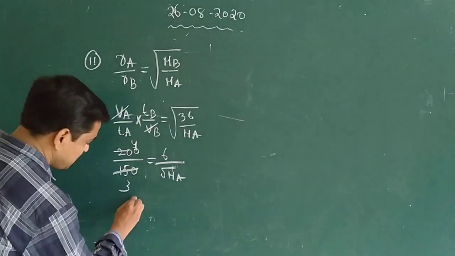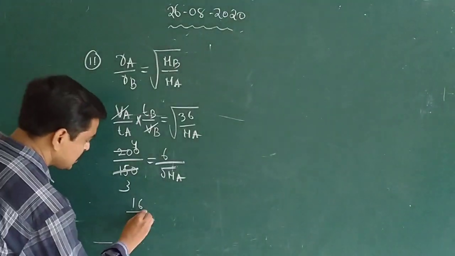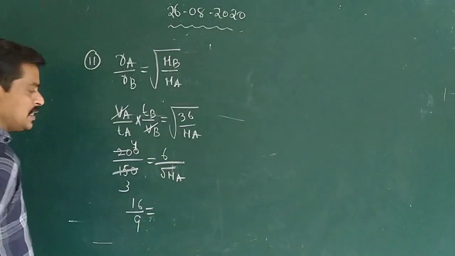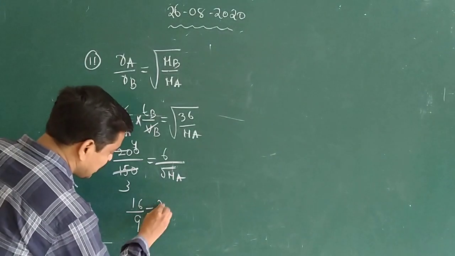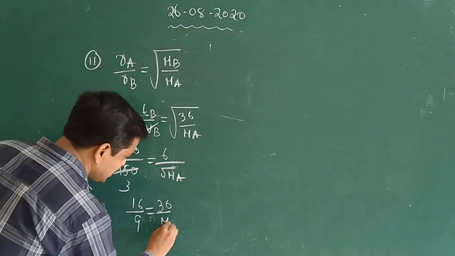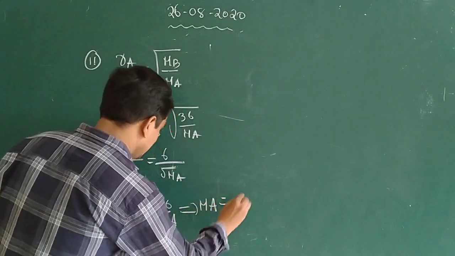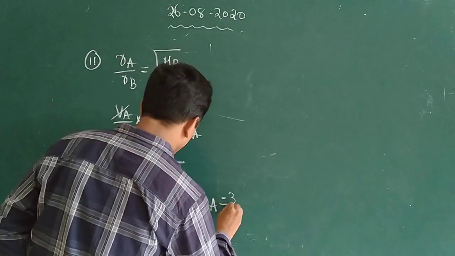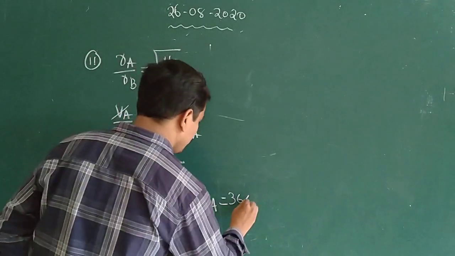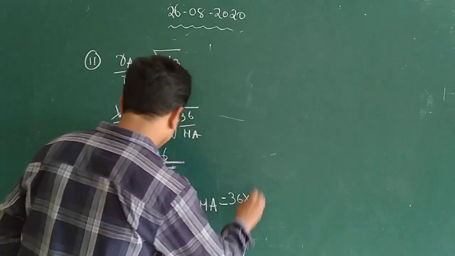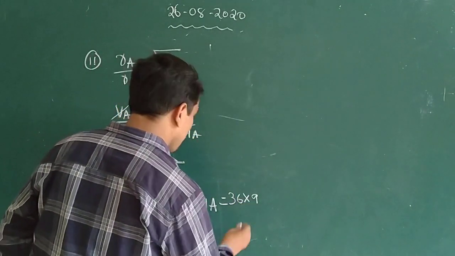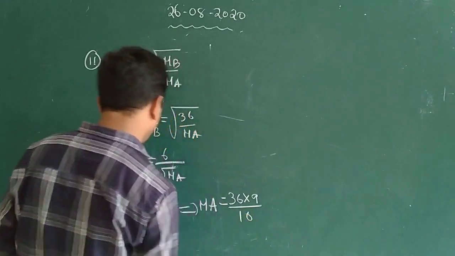Squaring on both sides, 16 by 9 is equal to 36 by Ma. That means Ma is equal to 36 into 9 by 16, students.